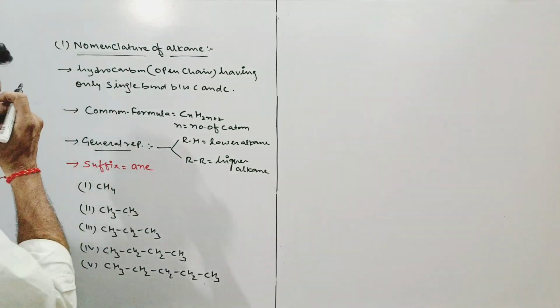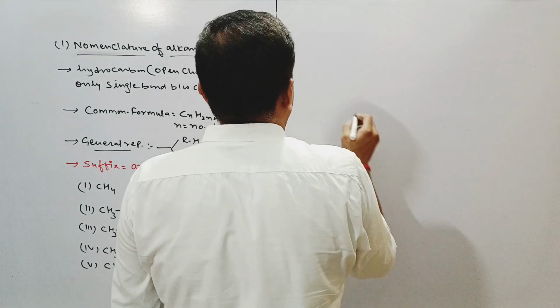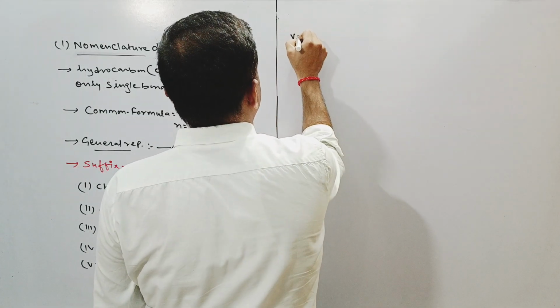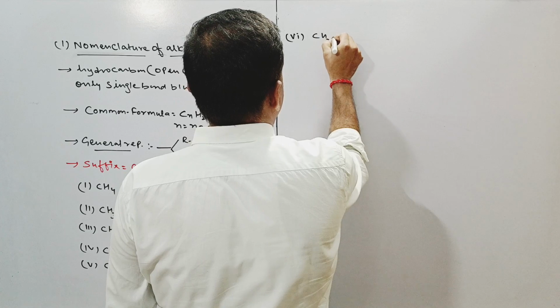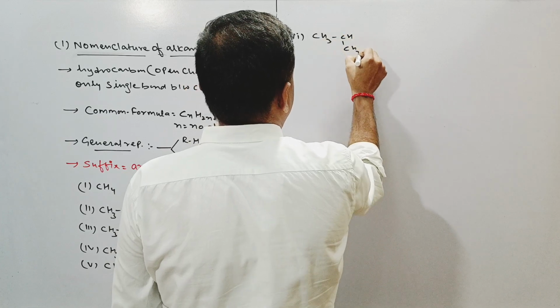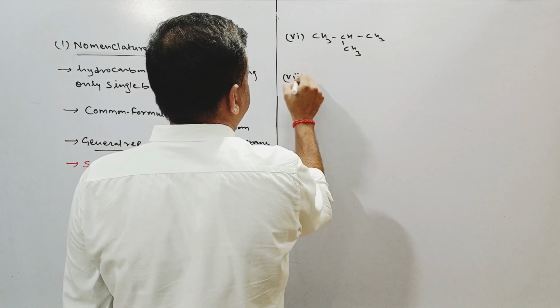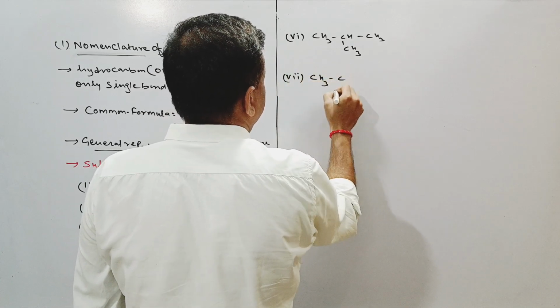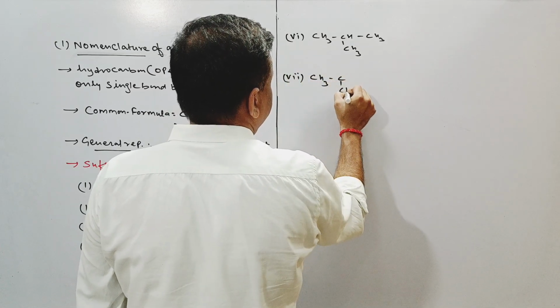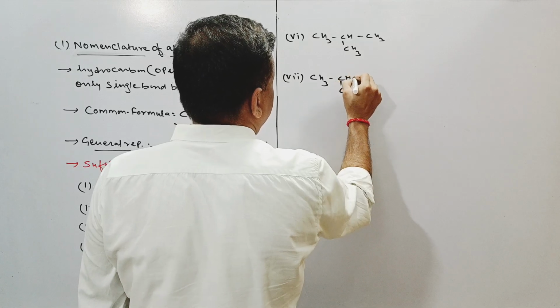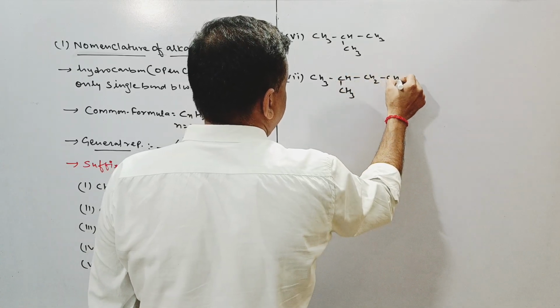After then, we can go with complex chains as the sixth compound: CH3, CH, and CH3.